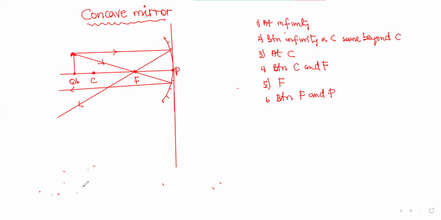Okay, now where two reflected rays, there's a reflection of the first one. I want to use a different color in order to make things clear.